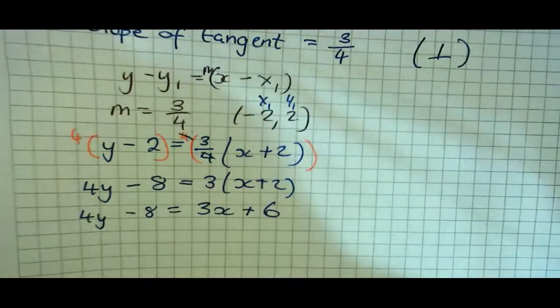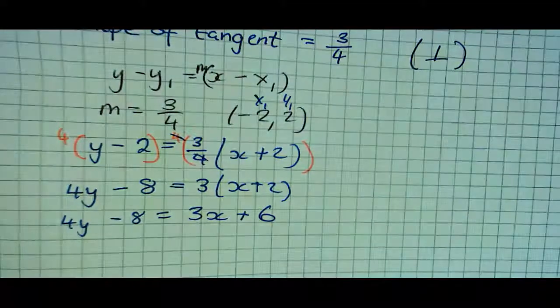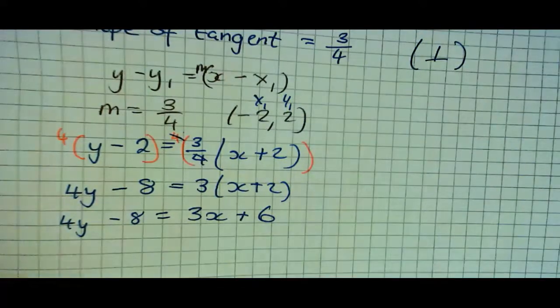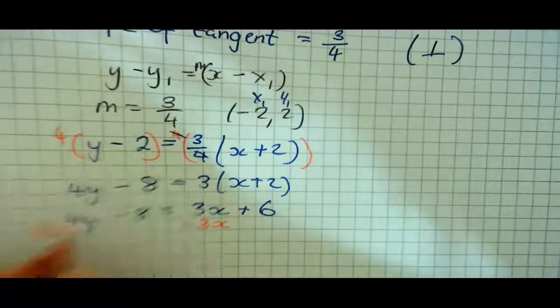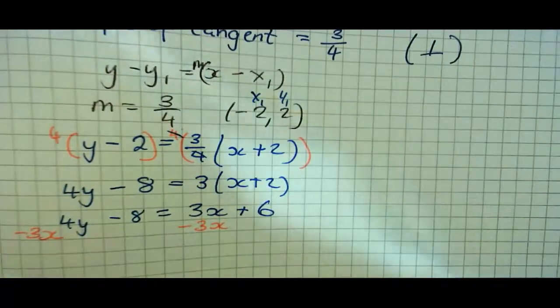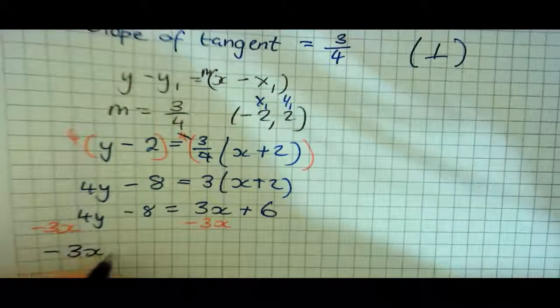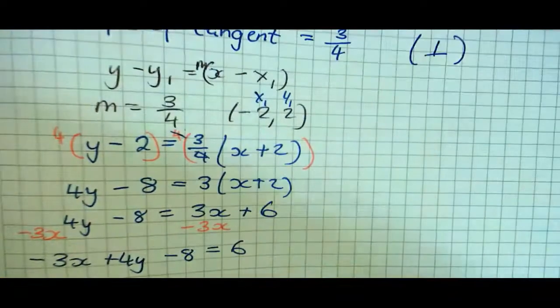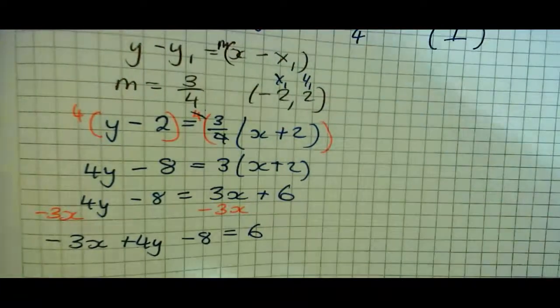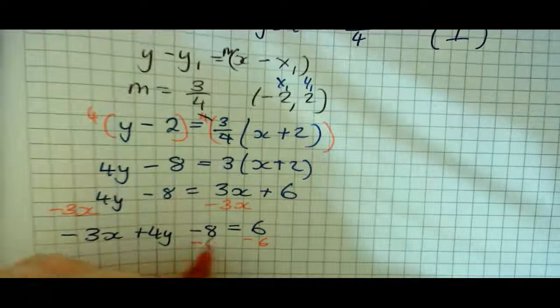So we need to tidy this up. Again, remember we want all our values on the left hand side, so I'm going to take off 3x off both sides. There's no x's already on the left, so it's going to be minus 3x plus 4y minus 8 is equal to 6. So I'm going to take a 6 off both sides.